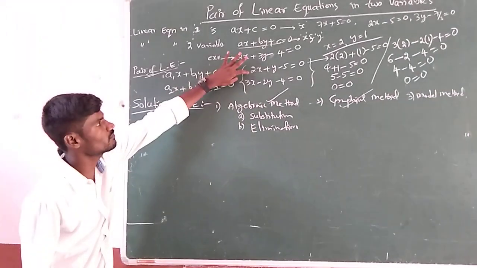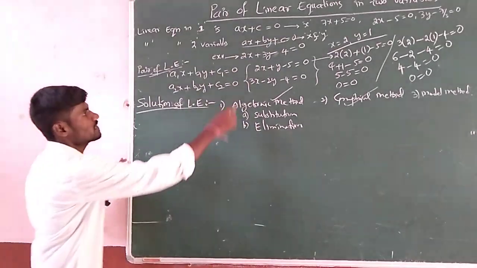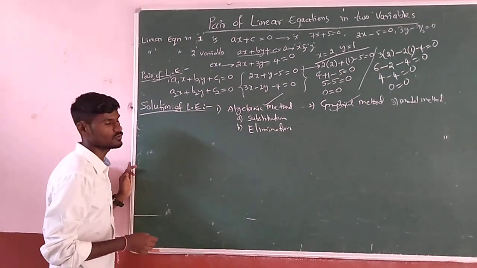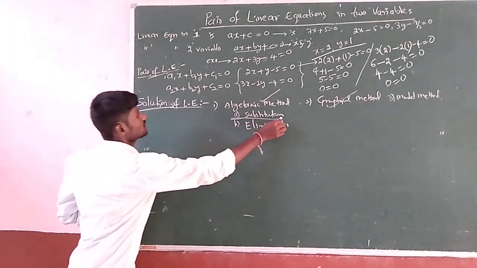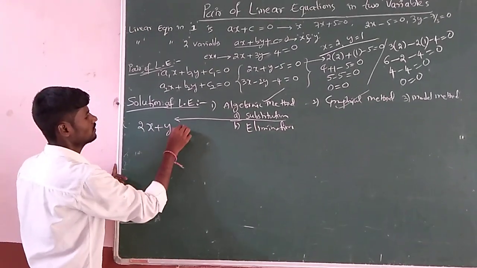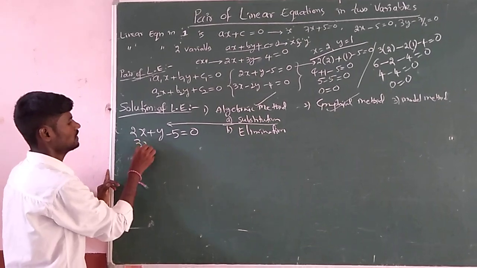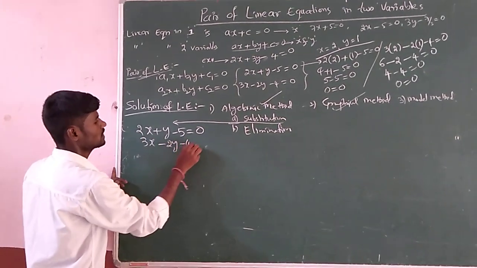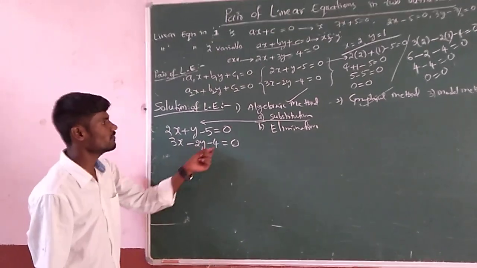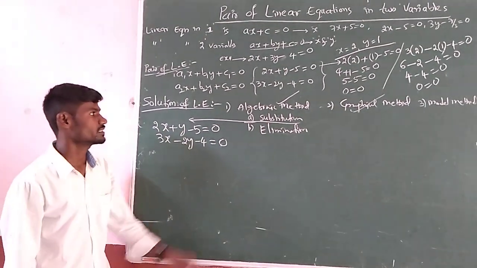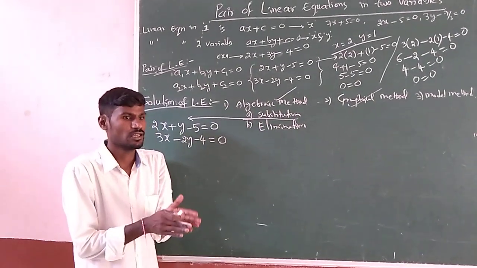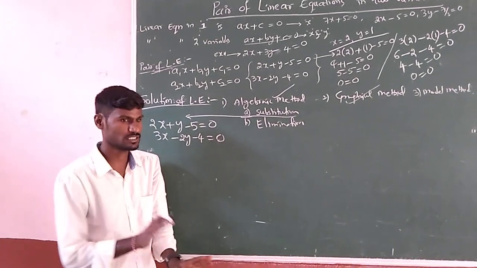Suppose we consider the same previous equations, 2x plus y minus 5 equal to 0 and 3x minus 2y minus 4 equal to 0. So what are the steps in this substitution method? Substitution, the name itself has the meaning: we have to substitute.